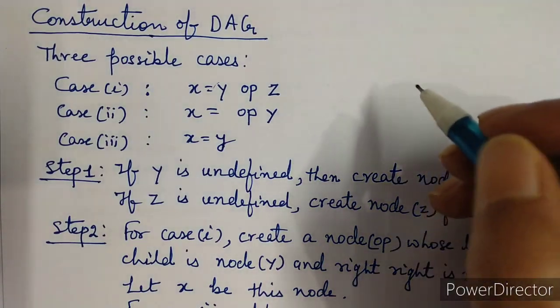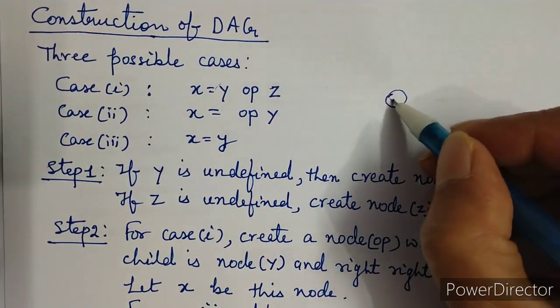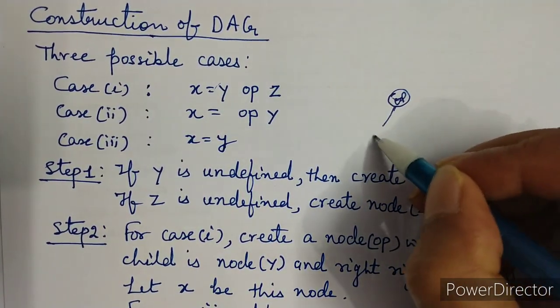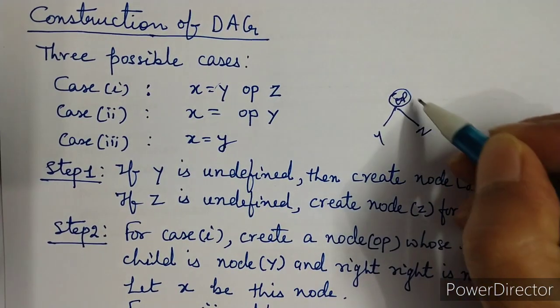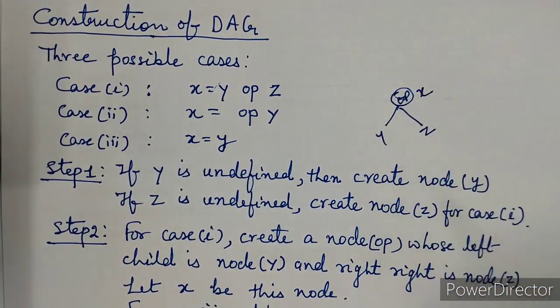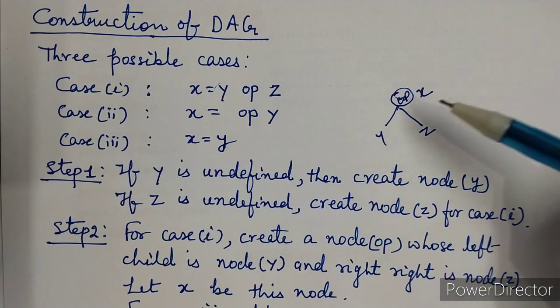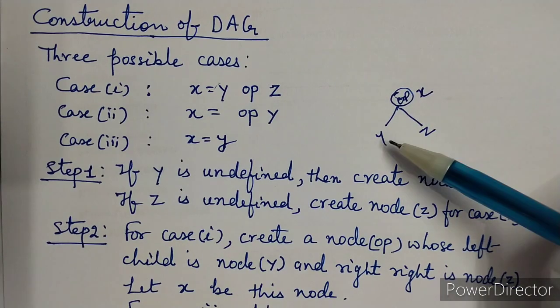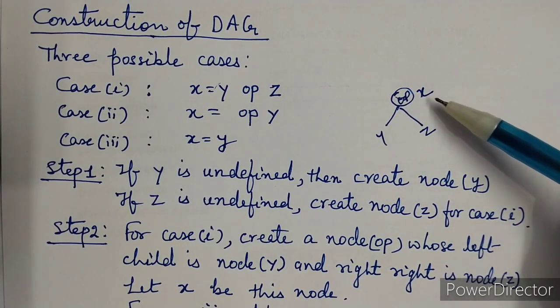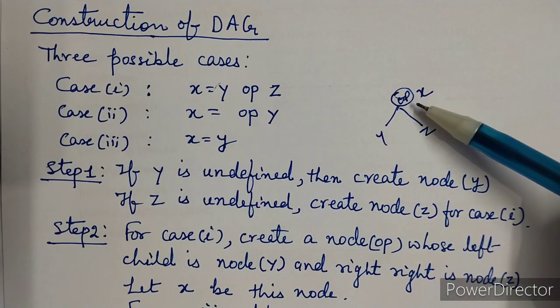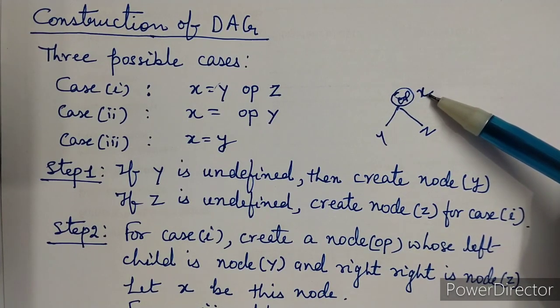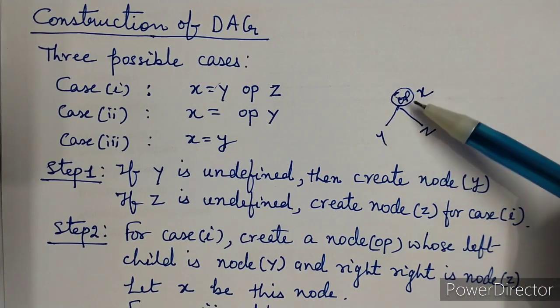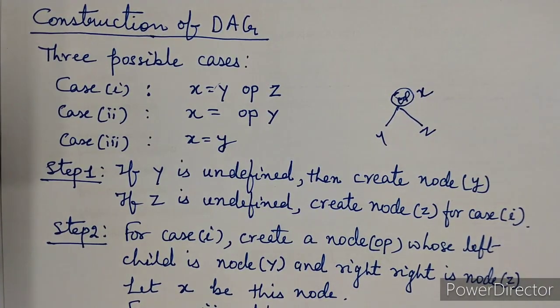So this is like that. This is your OP, this is y, this is z, and this is your x. We have to create a node for OP. Left child becomes y, right child becomes z, and that node now represents x. That x is holding or representing a value y operator z. This is for case 1. Okay.